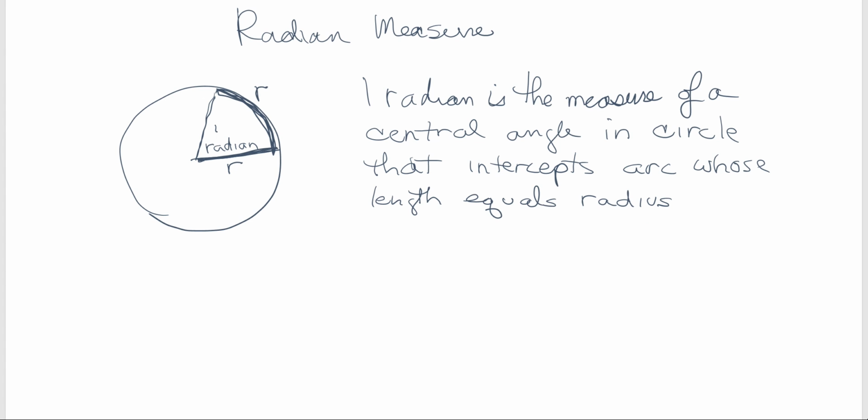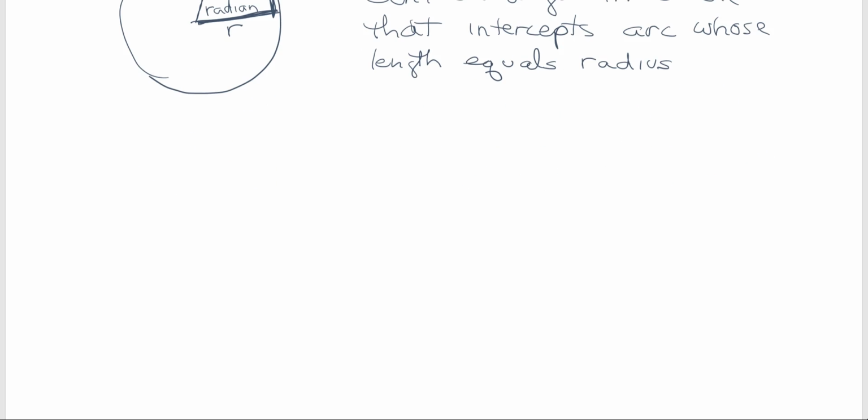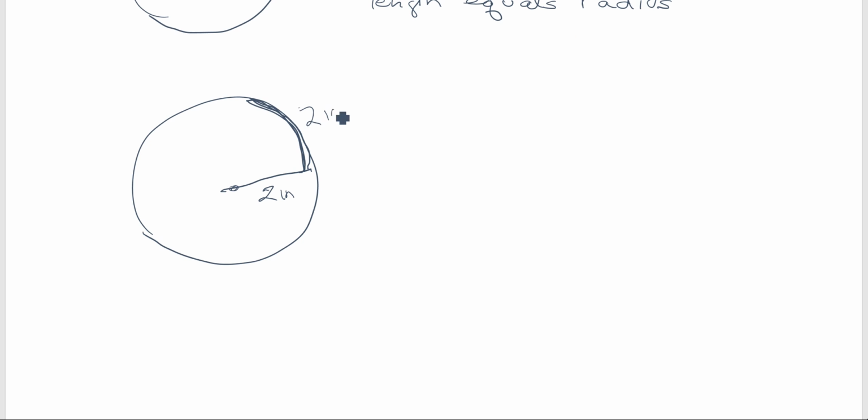So, what does that mean? Let's say, for example, I have a circle with a radius of 2 inches. If I measure off an arc whose length is 2 inches, that angle would be 1 radian.